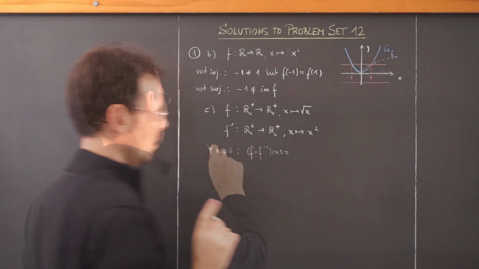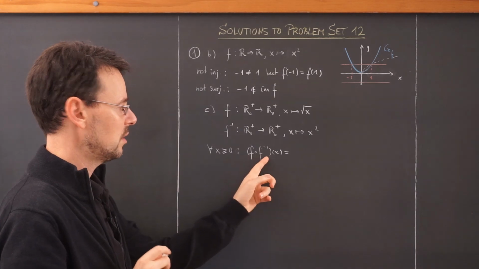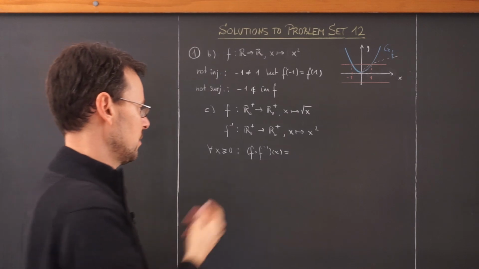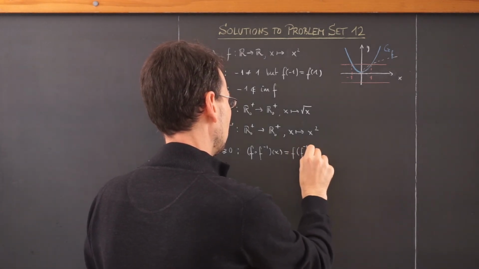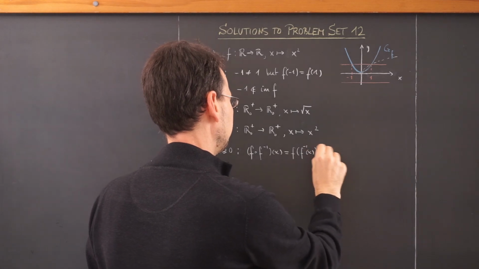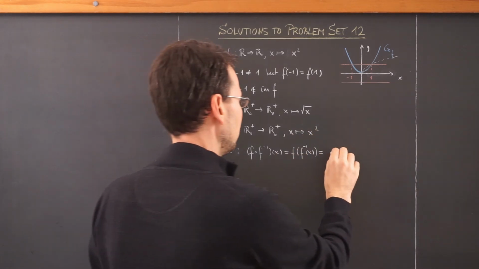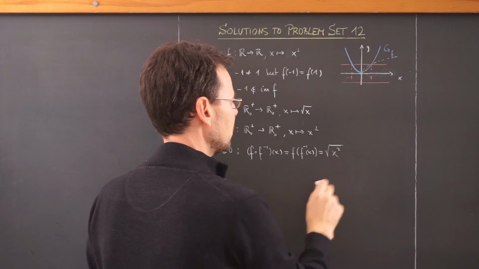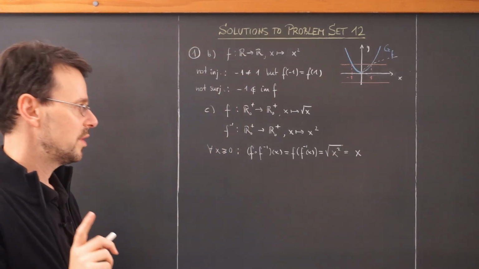So now we really have to be careful. We want to show that this composite here is the identity of the non-negative real numbers. f inverse of x here by definition is x squared. f is the square root function, so we have this. And this here is not true in general.